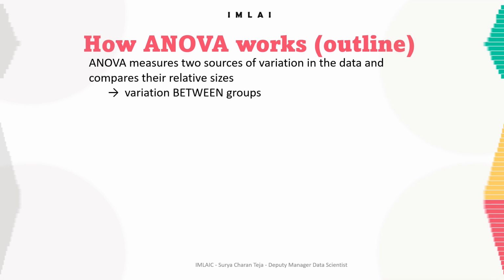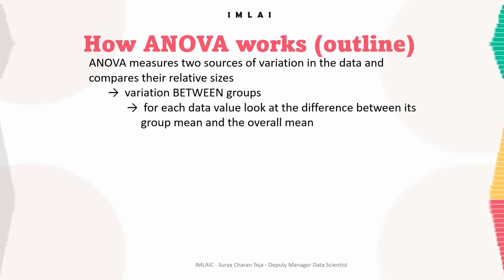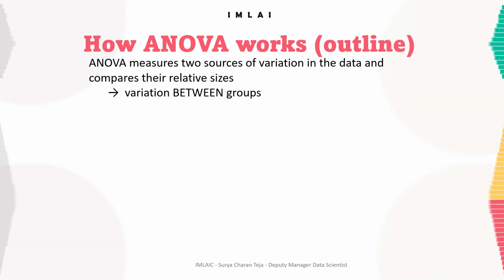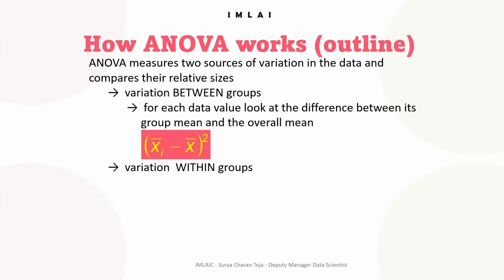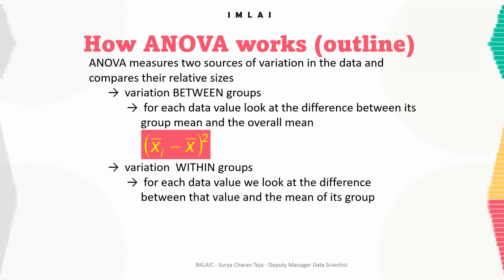Now, the basic idea of ANOVA is to partition the total variation in a set of data into two components. The first component is variation between groups, and the second component is variation within groups. That's it. These are the two components.